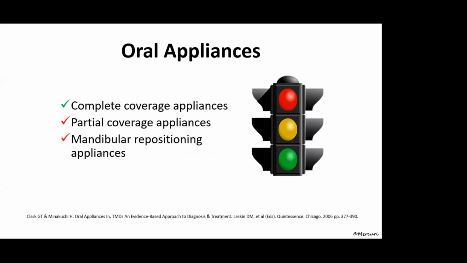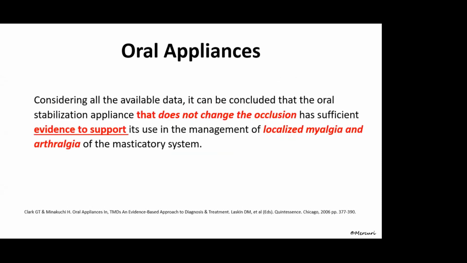Complete coverage appliances are the things to be used, not partial coverage appliances or mandibular repositioning appliances. Again, we want an oral orthotic that doesn't change the occlusion. And there's good evidence to support the use of these devices for the management of localized myalgia and arthralgia.